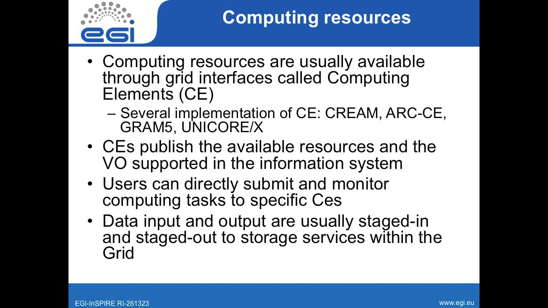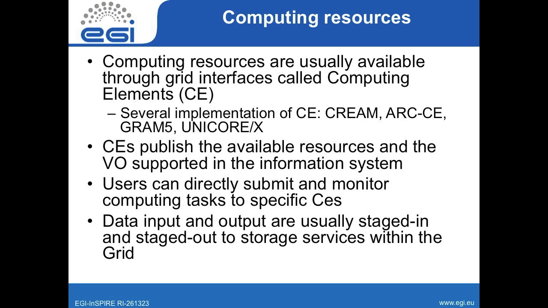Usually a virtual organization can set up a software area in the nodes where jobs are executed, and this is part of the, let's say, negotiation, not a real negotiation, but let's call it like this, between users and sites.